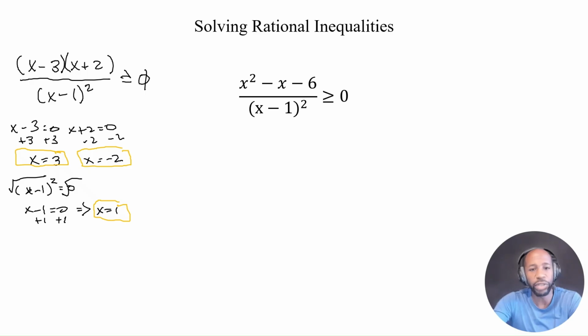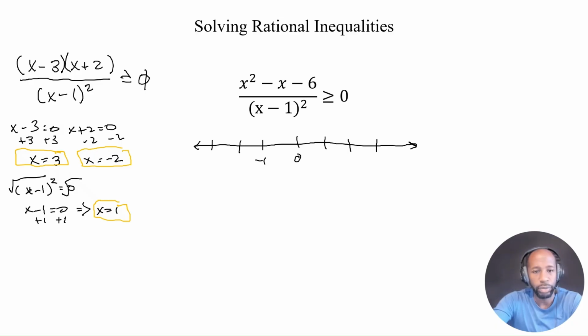Now, we want to graph these. So I'm going to put the 0 here. I'm just going to do 3 on each side: negative 1, negative 2, negative 3, 1, 2, 3. So that's a 0.